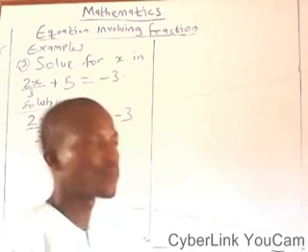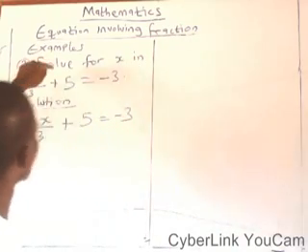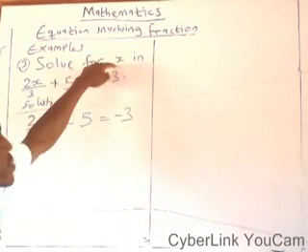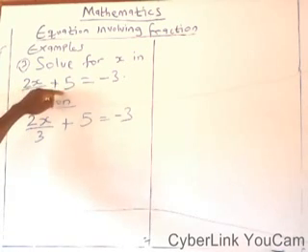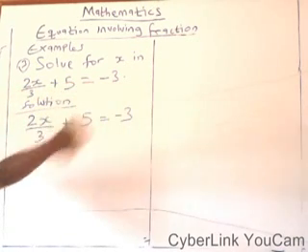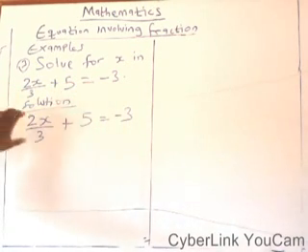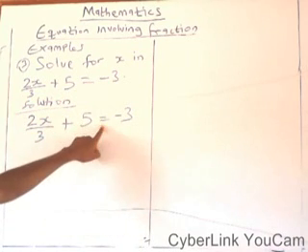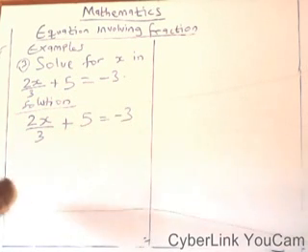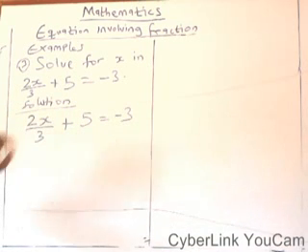Now the next example says that solve for x in 2x over 3 plus 5 is equals to minus 3. Here we have a case of a fraction plus whole number equals to another whole number. If you now have this, what are we going to do?